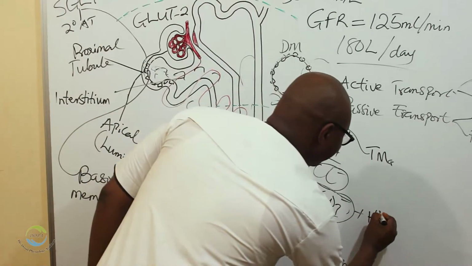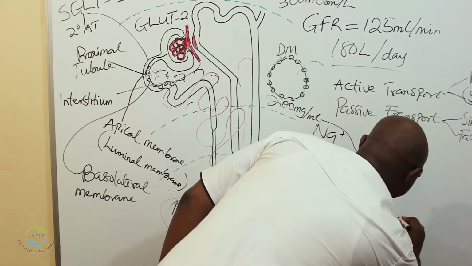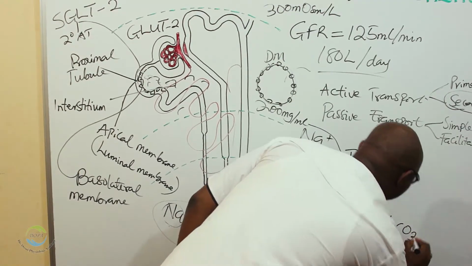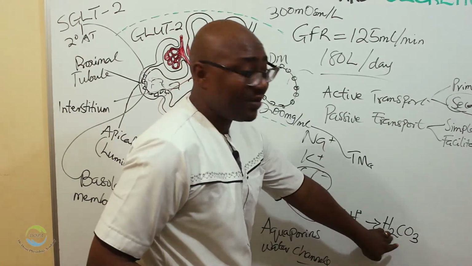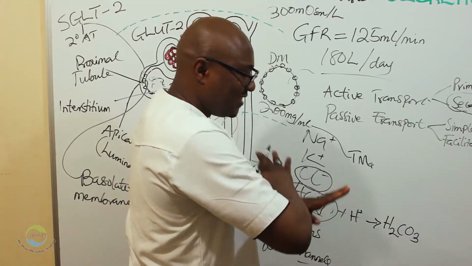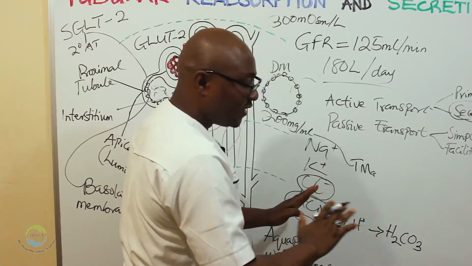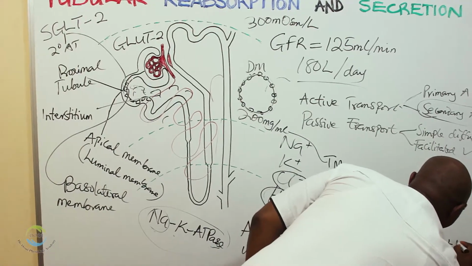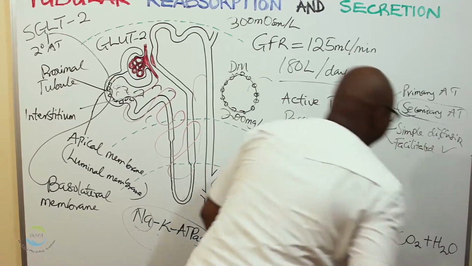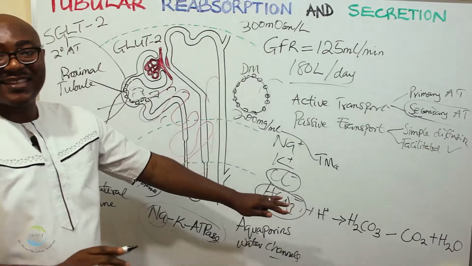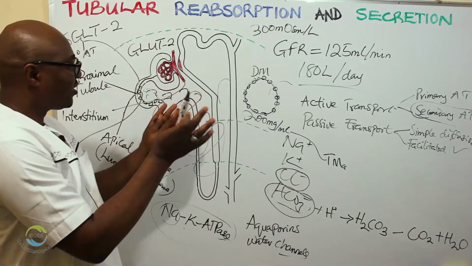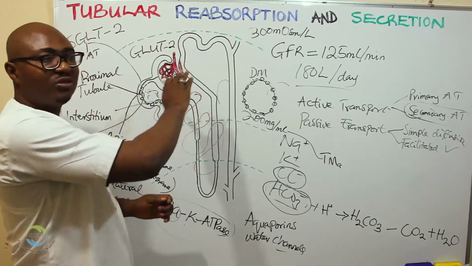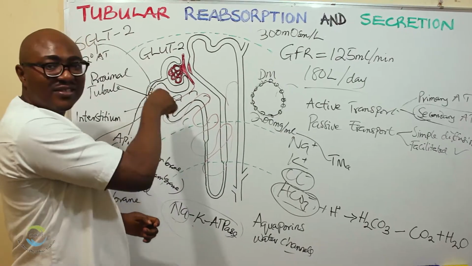So what do you think it will give you? It gives you carbonic acid, H2CO3. And this is very unstable. It easily dissociates into what? Carbon dioxide and water. Right? So carbon dioxide can very quickly and easily cross the membrane and enter into the cell.